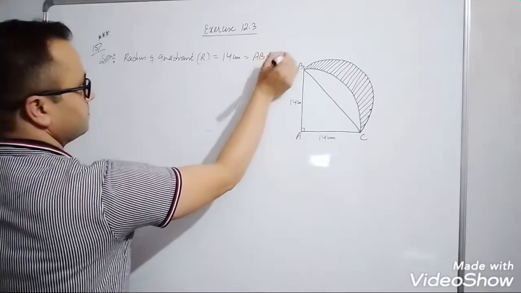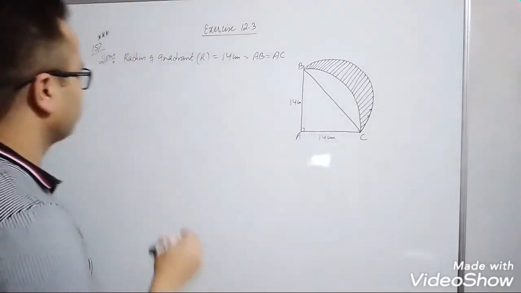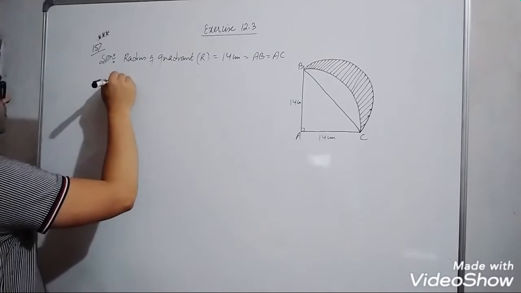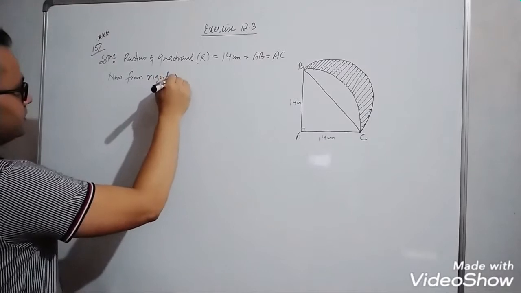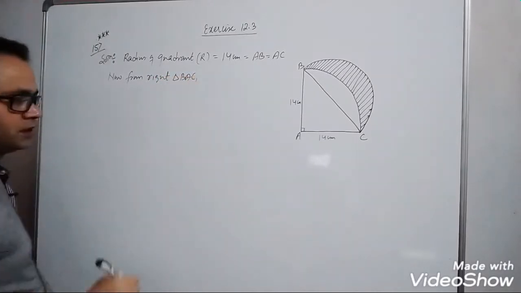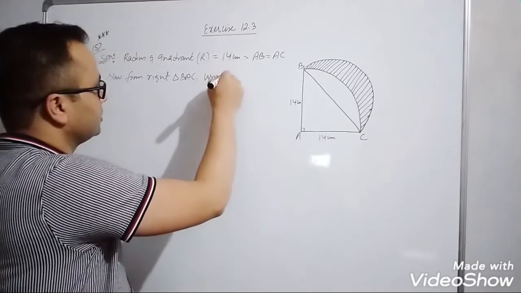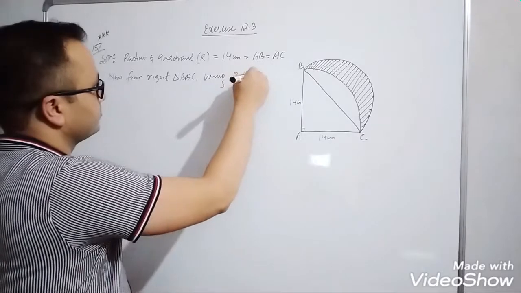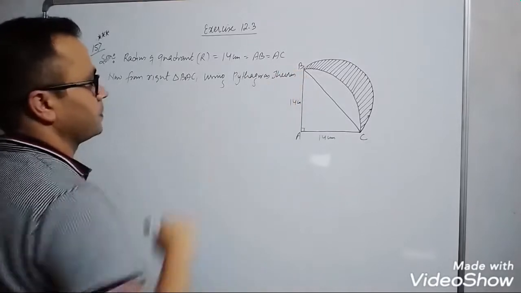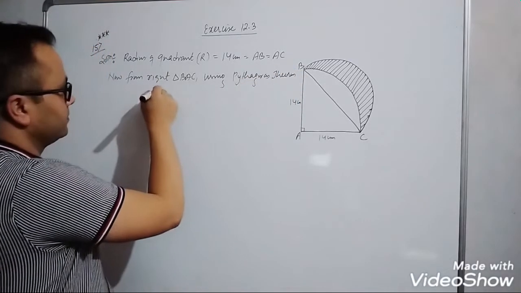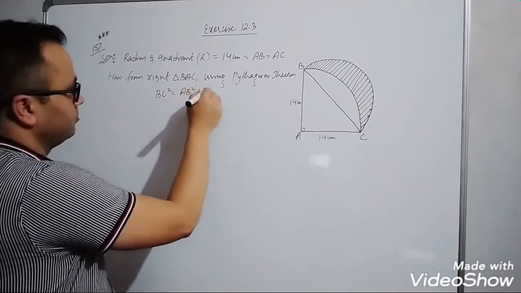AB equals to AC. Now from right triangle BAC, using Pythagoras theorem, BC square equals to AB square plus AC square.